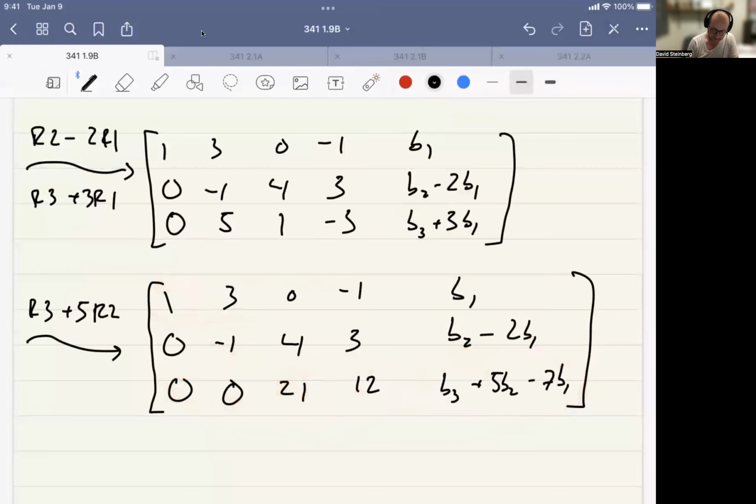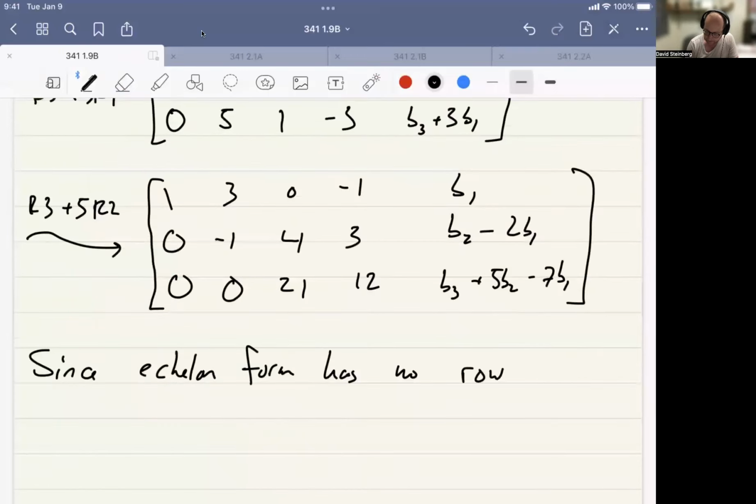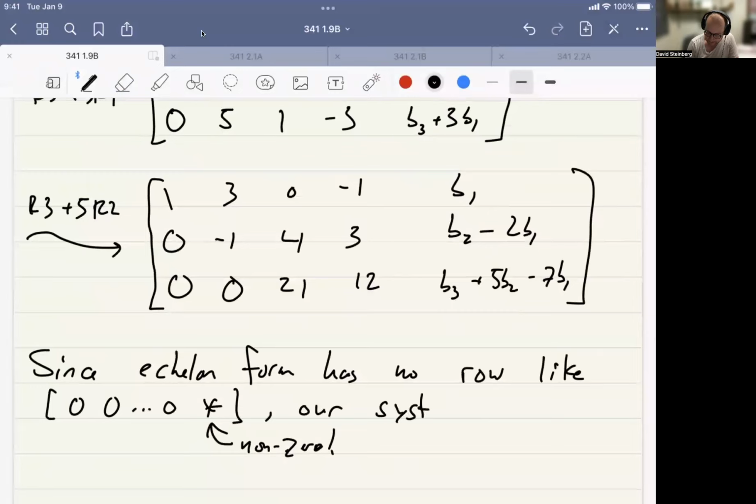So since echelon form has no row of the form 0, 0, 0, something non-zero, our associated linear system is consistent.